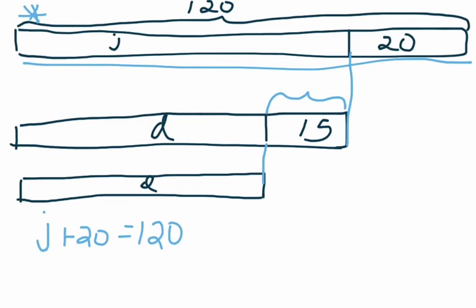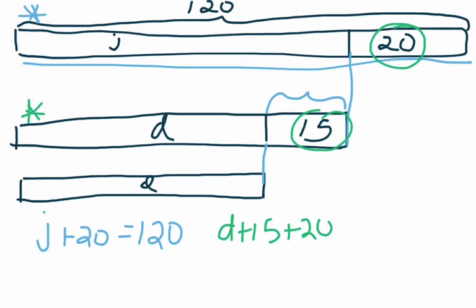Now it says write an equation to represent Rashad's tape diagram. So Rashad is right here. Rashad is D plus 15 plus 20 equals 120 pounds.